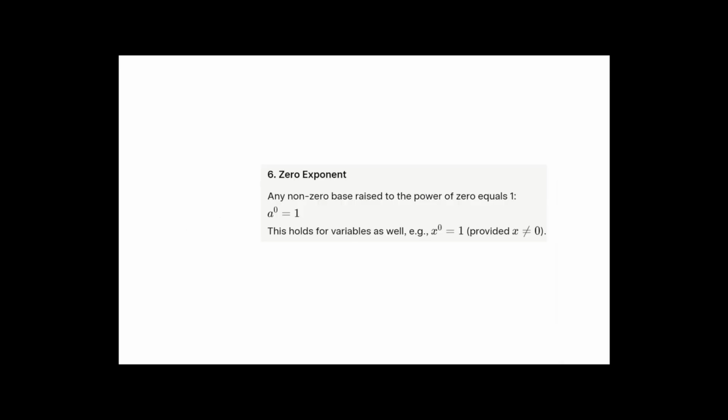So this one you must know. Any number, no matter how crazy, except for 0, when raised to the power of 0 equals 1. So 32986.418728 to the power of 0 equals 1. 0 to the power of 0 does not equal 1.